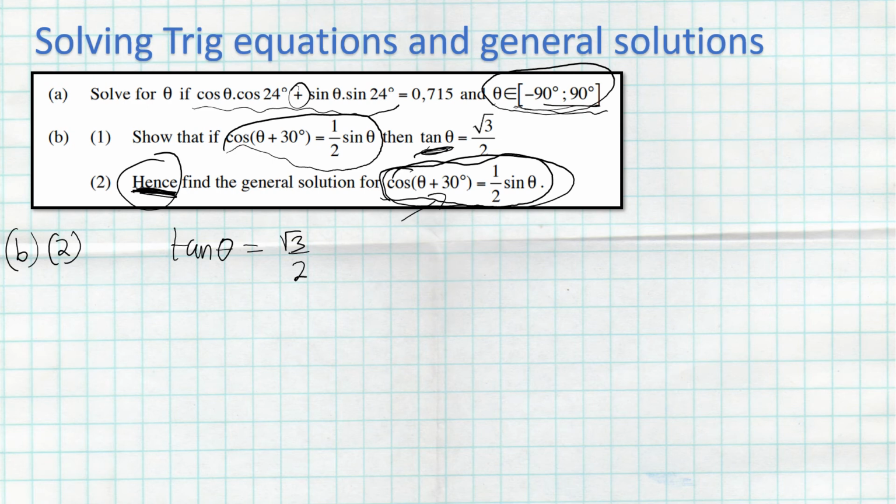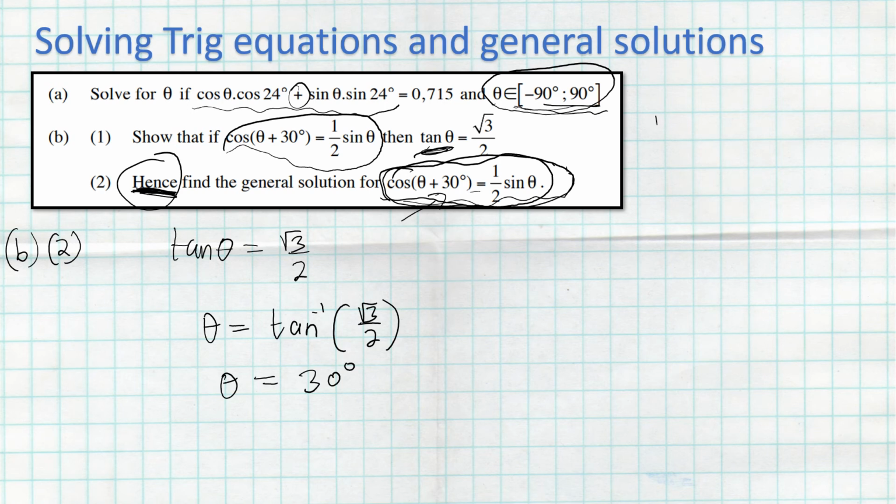So I'll just go straight here, because when I simplified and expanded on the previous question, we got tan theta equals root 3 over 2. Then we can get the general solution. So theta will be the same as arctan of root 3 over 2. Okay, so the answer will be 30 degrees, right? So this will be 30 degrees. So we know the rule for tan.